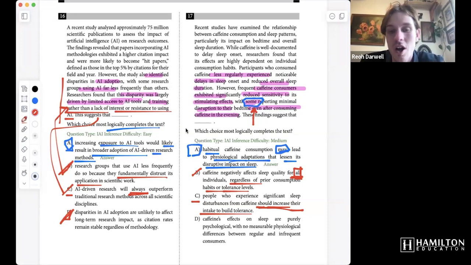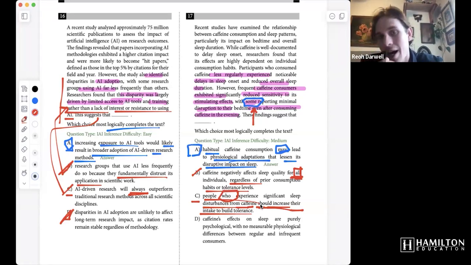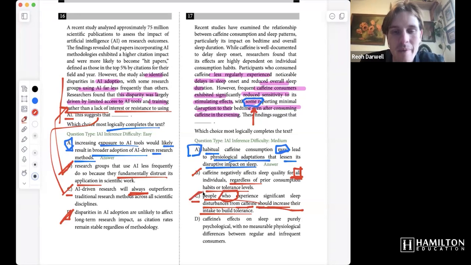Those are also people who experience significant sleep disturbances from caffeine. It isn't saying that these people are less common users, right? We don't know whether these people who experience sleep disturbances are high caffeine users or low caffeine users. It isn't clarified in this answer choice, okay?